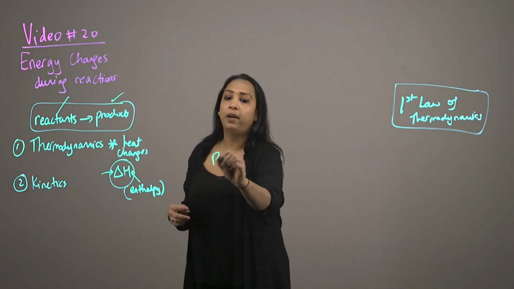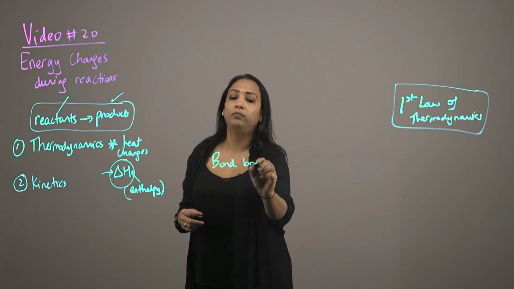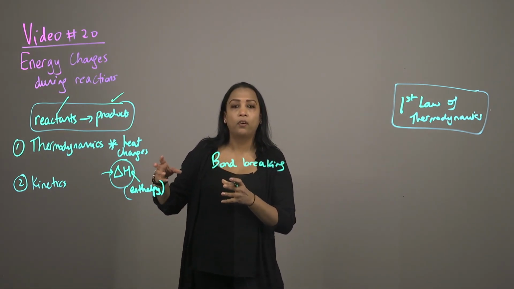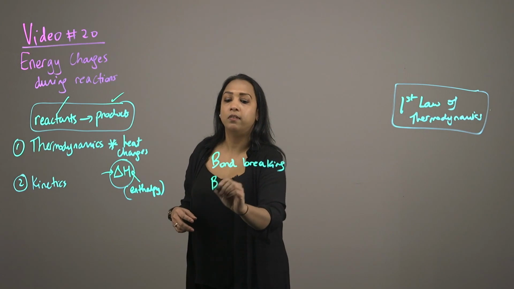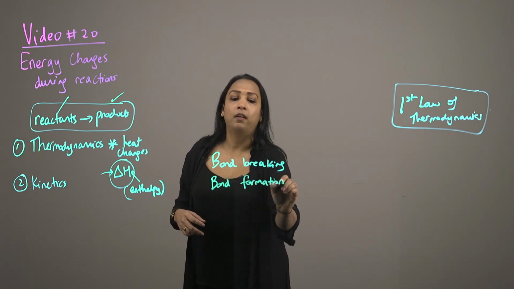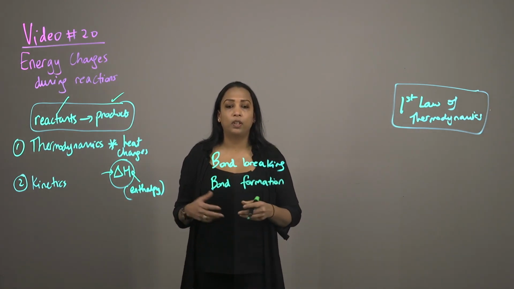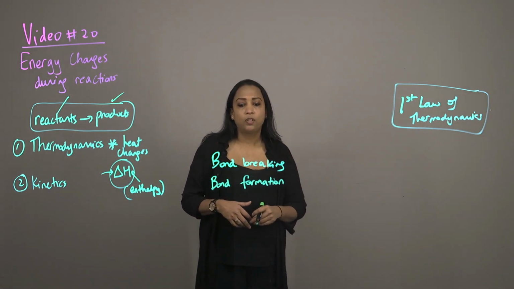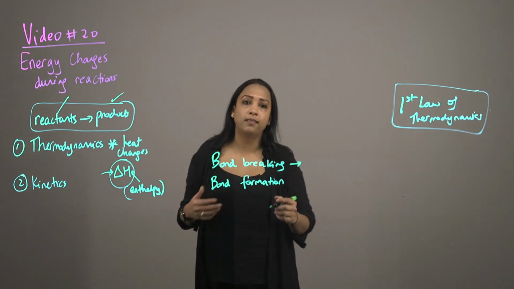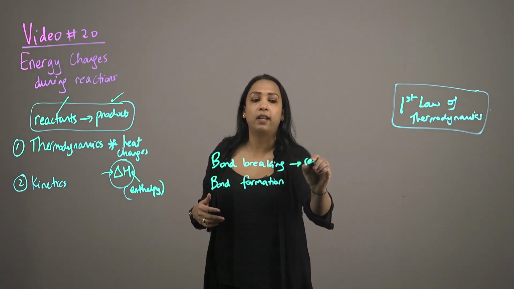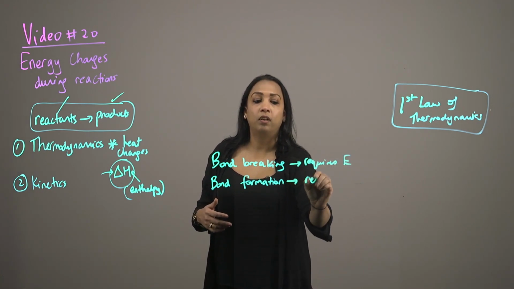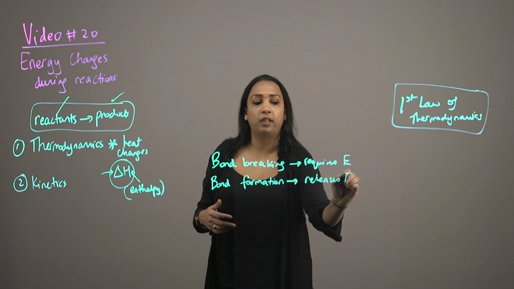So bond breaking, which occurs when we're breaking up our reactants, versus bond formation, these are the two processes that we want to look at today. So if we think about bond breaking, we normally say that this requires energy, and bond formation releases energy.